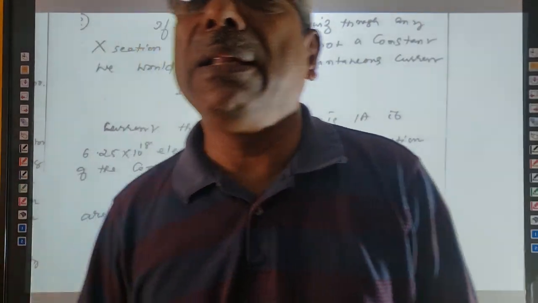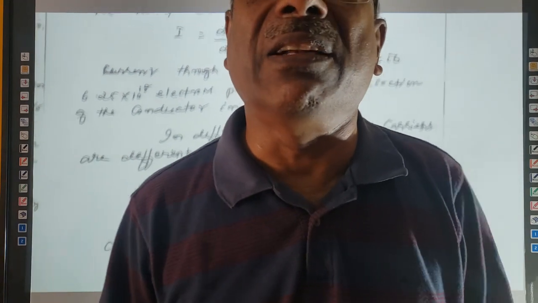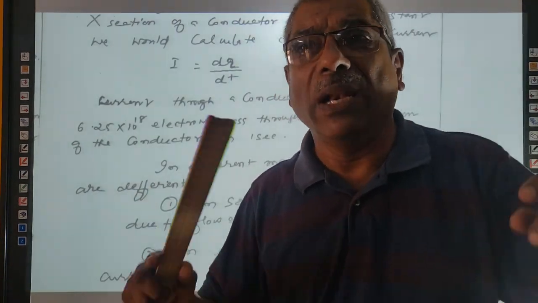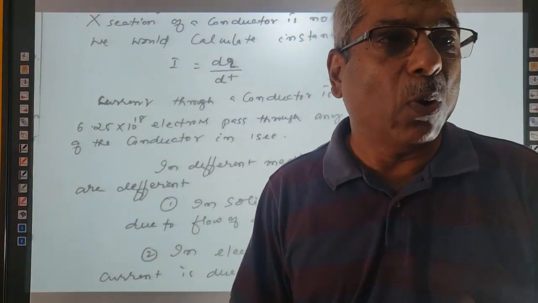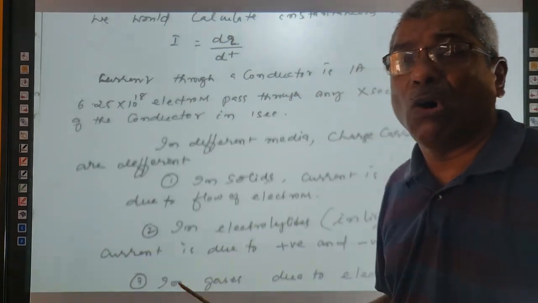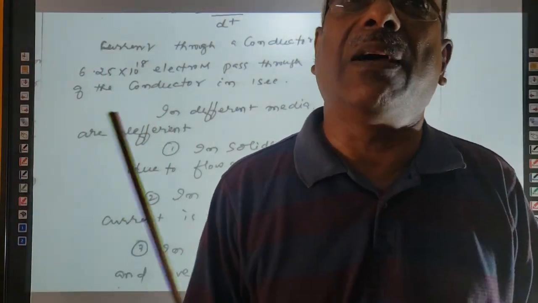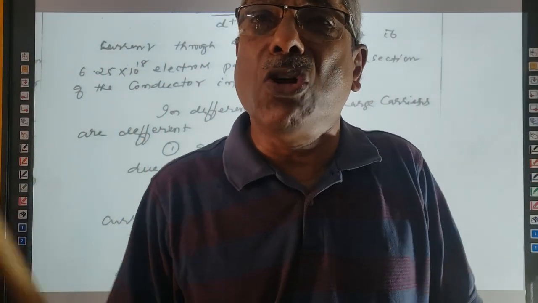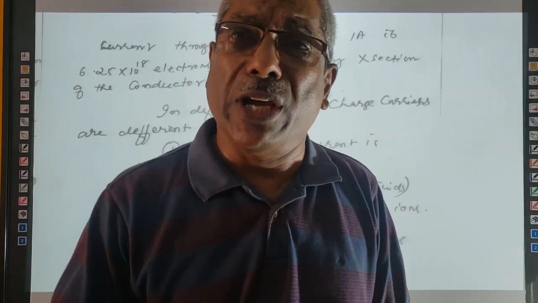For example, in the case of a crystalline solid conductor, the charge carriers are electrons. But in the case of liquids, the charge carriers are not only electrons, they are positive and negative ions. In the case of gases also, current passes through a gas. What is called discharge of electricity through a gas is also due to charge carriers. In that case, the charge carriers are electrons and positive ions.